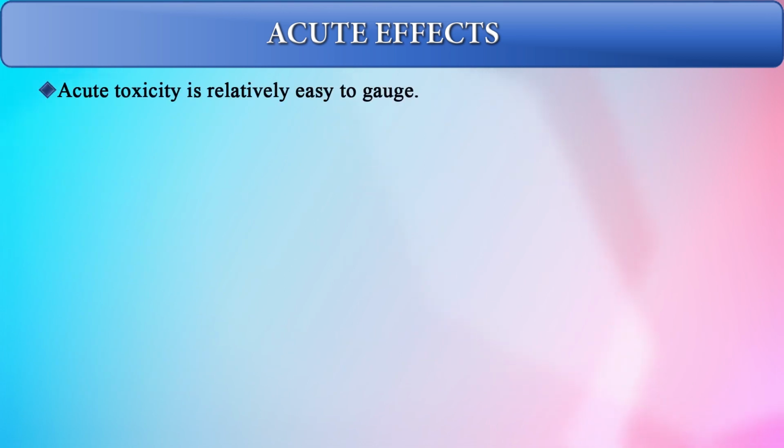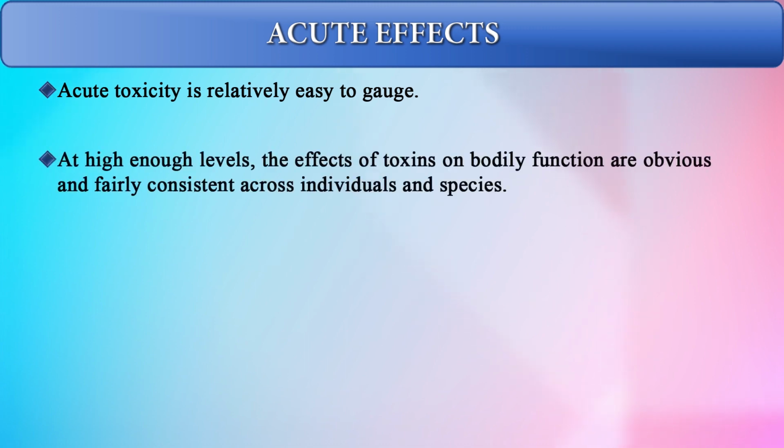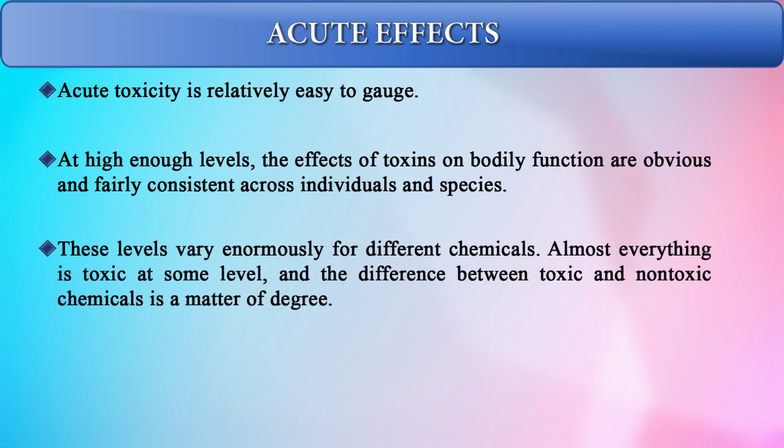Acute toxicity is relatively easy to gauge. At high enough levels, the effects of a toxin on bodily functions are obvious and fairly consistent across individuals and species. These levels vary enormously for different chemicals.